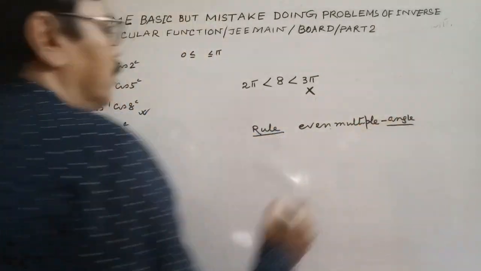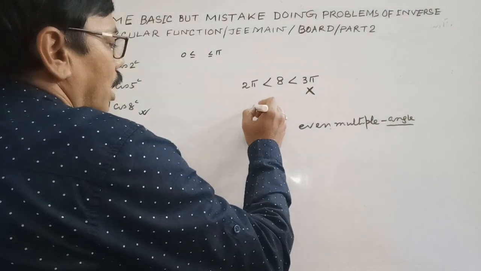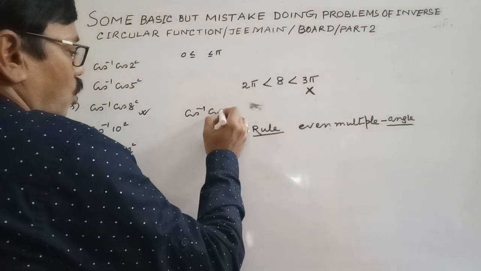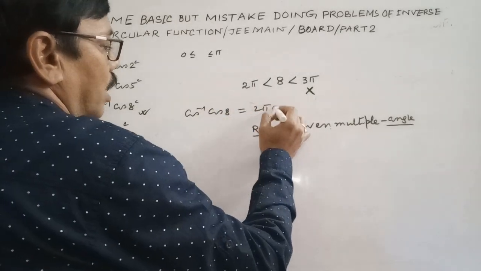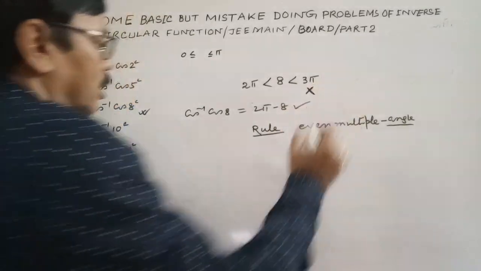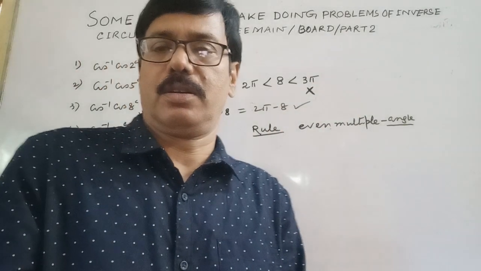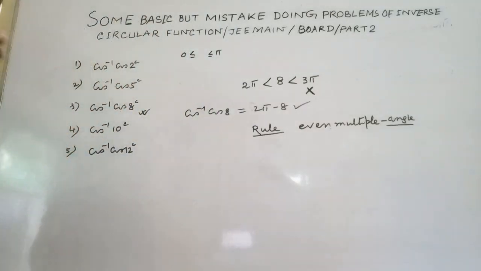Even multiple minus angle. So what is our answer? The answer is cos inverse cos 8 equals 2 pi minus 8. So cos inverse cos 8 equals 2 pi minus 8.